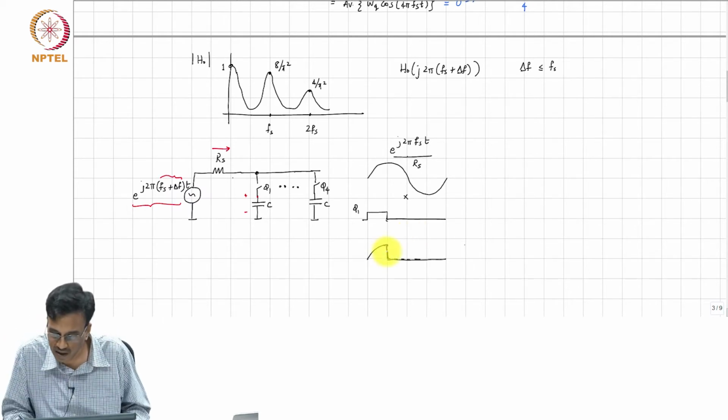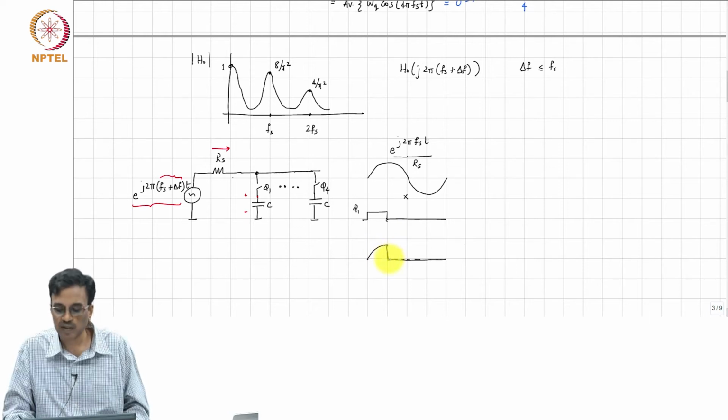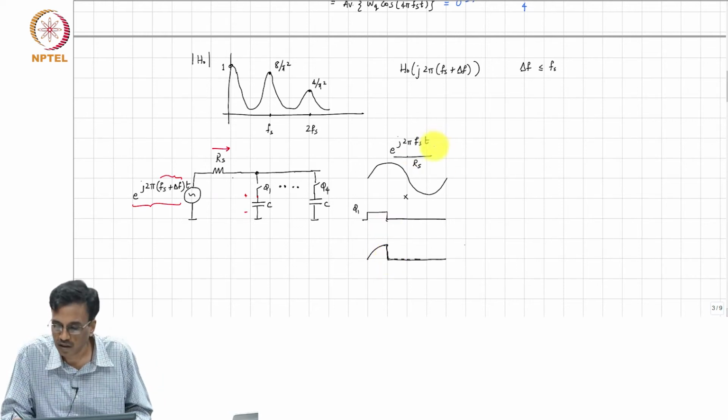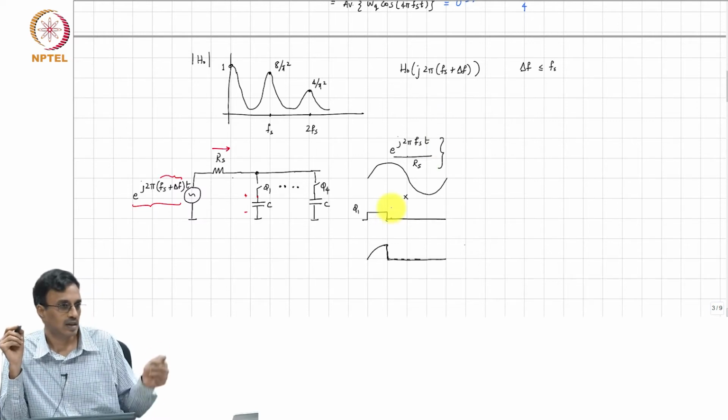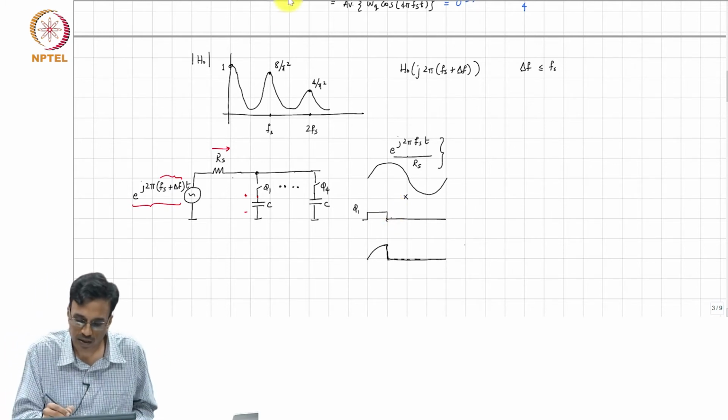So, we are interested in the low frequency component of this waveform multiplied by the width of the phi 1 pulse, correct.